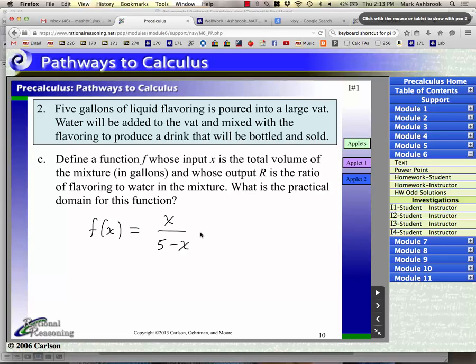Amount of flavoring to amount of water. How much flavoring is in there? Always 5, right? How much water is in there if x total gallons are in there? x minus 5.